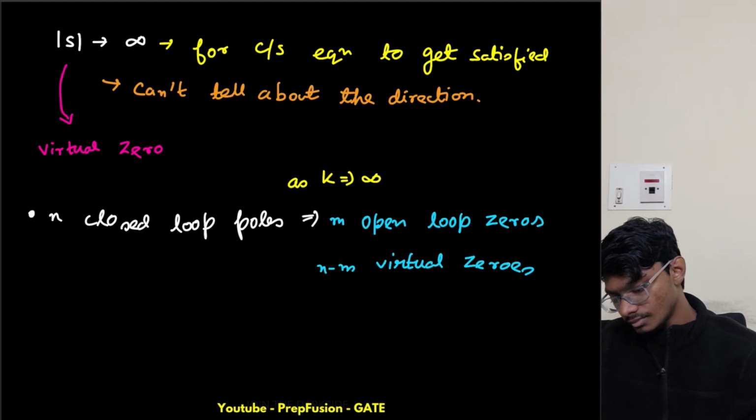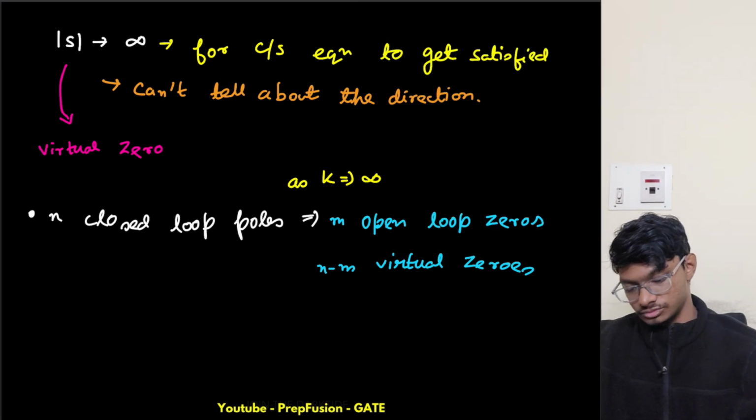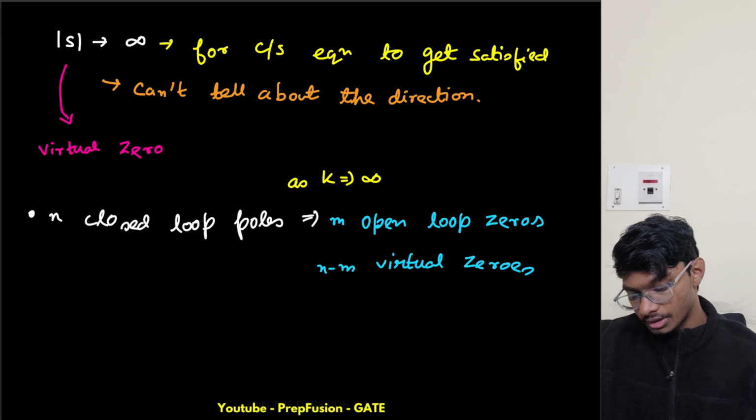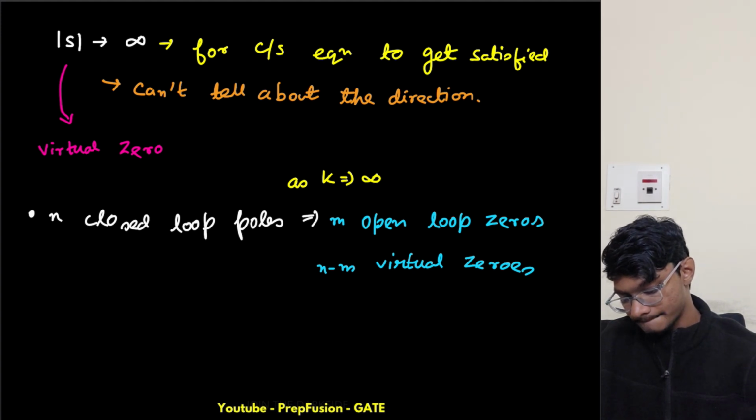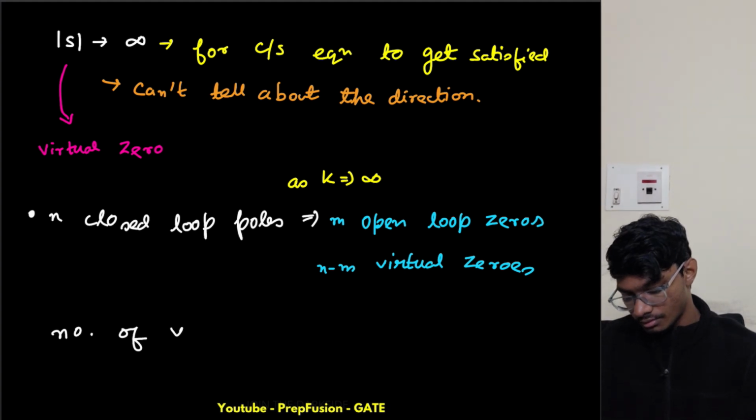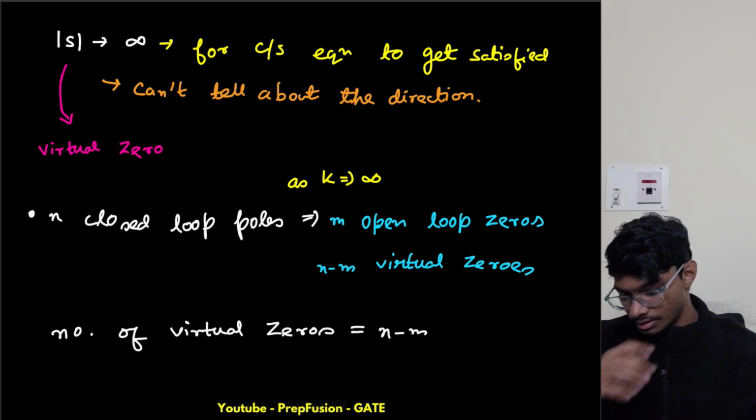So just remember this. Obviously, I told you conceptually also, but you have to remember this also, that the number of virtual zeros equals n minus m.